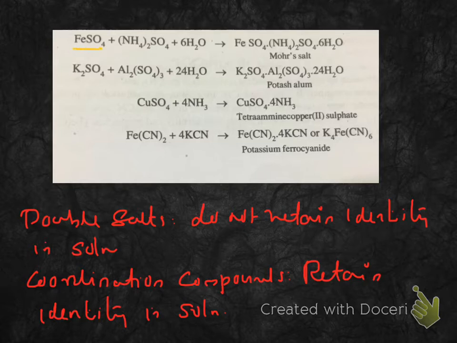FeSO4 is a stable compound which has independent existence. Ammonium sulfate is another stable compound which has its own stability and existence.